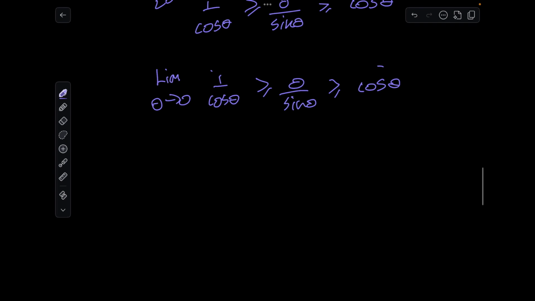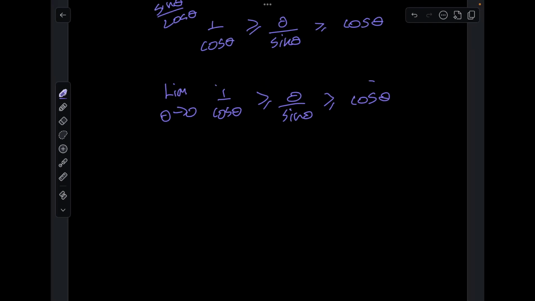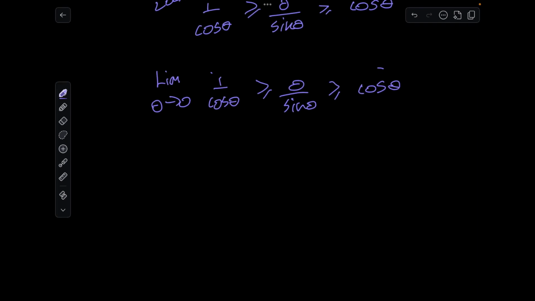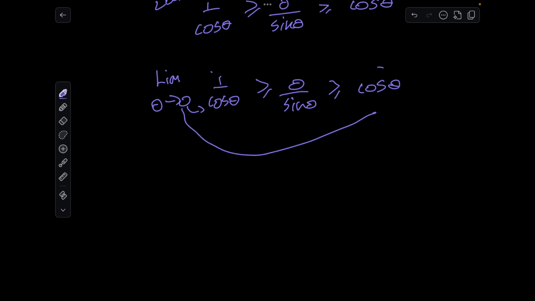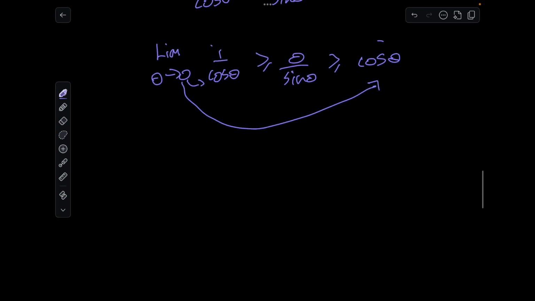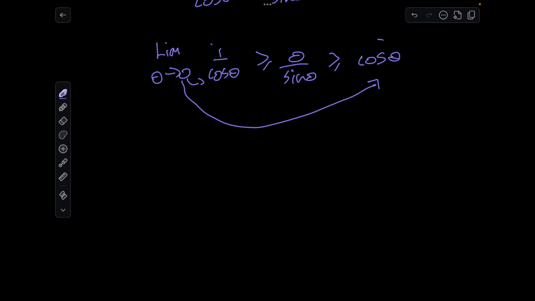Right, so now we can put the value of theta as 0 in this equation, and then in this part. So we get 1 by 1 is greater than or equal to theta upon sine theta, which is greater than or equal to 1.